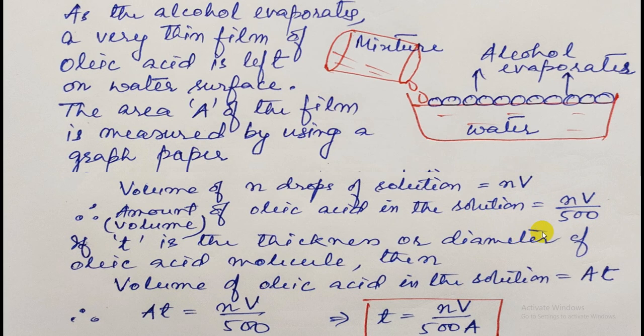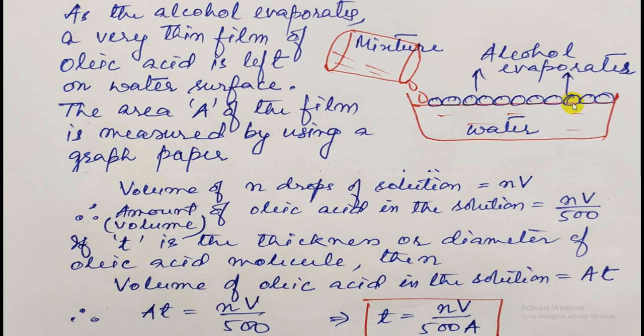Now we have calculated the volume of oleic acid which is kept here. Now by using a tracing paper, if we keep the tracing paper over this surface, we can trace out on a graph the surface area of this layer of oleic acid.